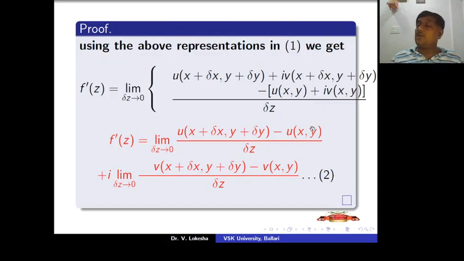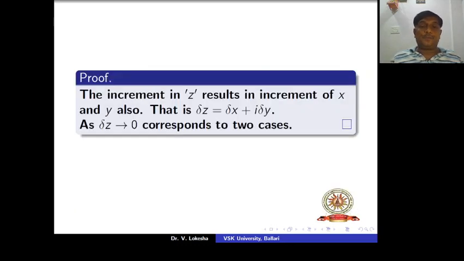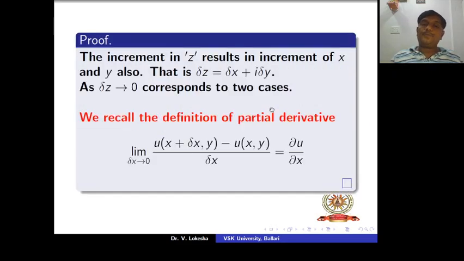You know that z = x + iy, then delta z = delta x + i delta y. Then we will get two cases, one with delta x and another with delta y.